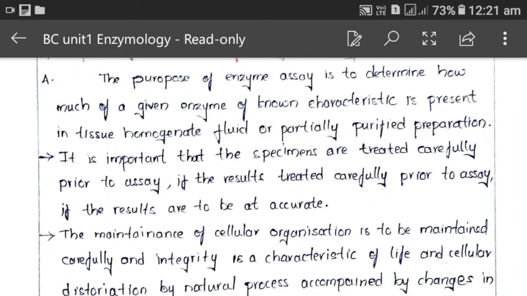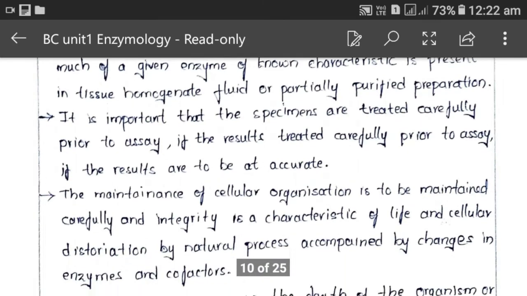It is most important that the specimens are treated carefully prior to the assay. If they are not treated carefully prior to the assay, the results will not be accurate. That means before undergoing any enzyme assay, we should treat the specimens very carefully. Pre-treatment of the samples is very important, or else the results will not be accurate.